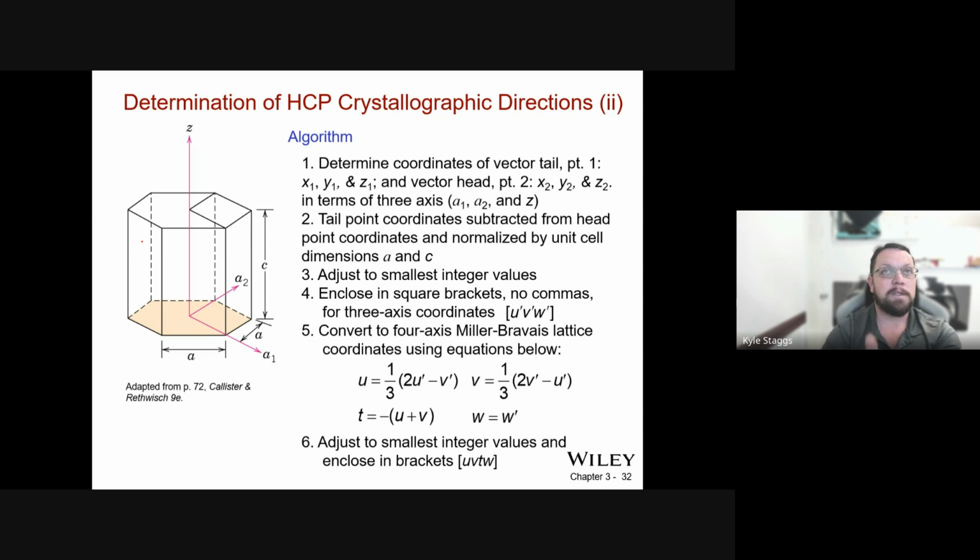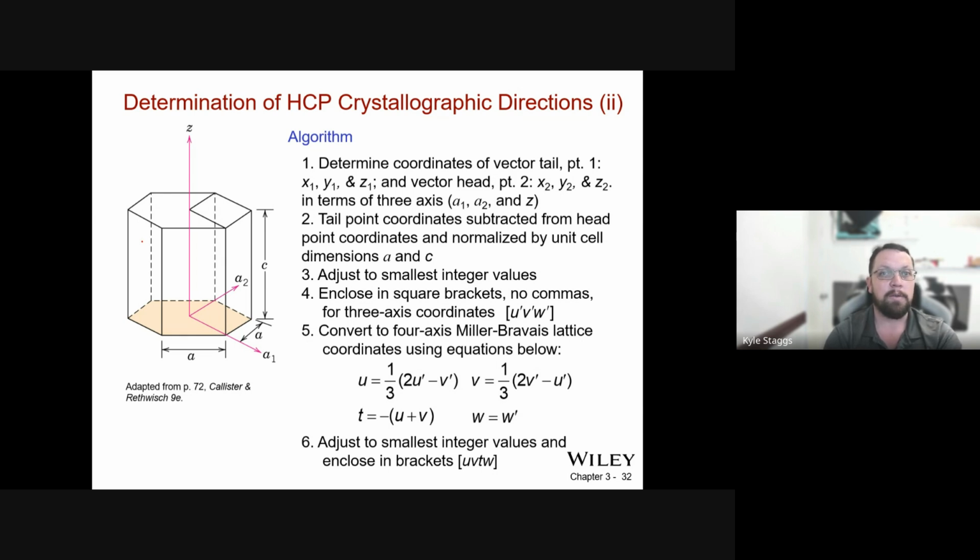So it's step by step undoing the same process that we just did. We adjust to the smallest integer values and then put it back into brackets with no commas for the 3-axis coordinates. And we can convert to the Miller-Bravais lattice coordinates using the formula below.